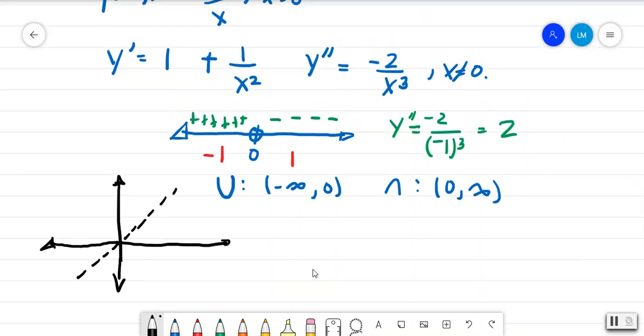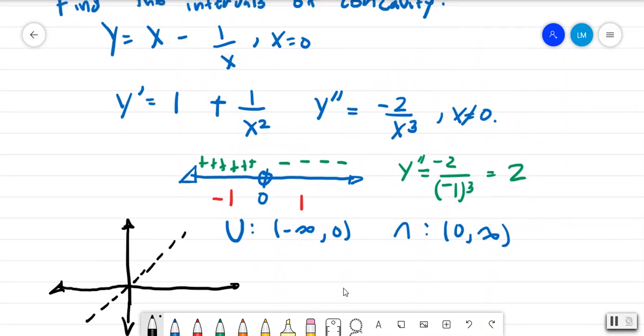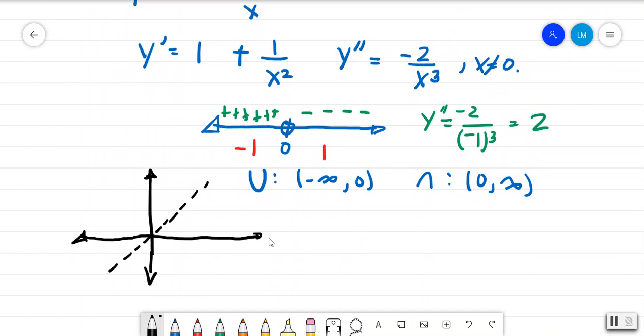Now, one thing that you can possibly look at is that there are some x-intercepts. So you have one right there, and then another one right here.